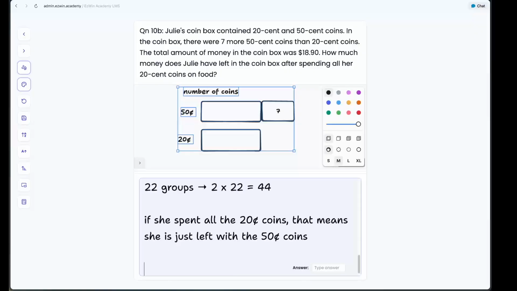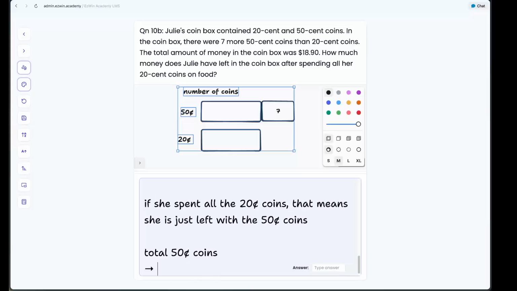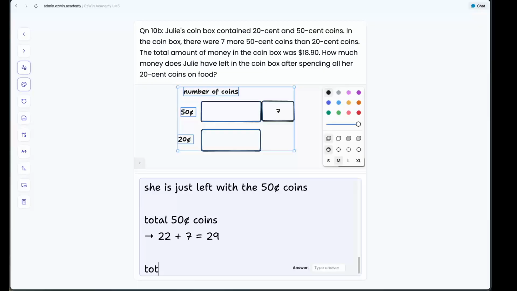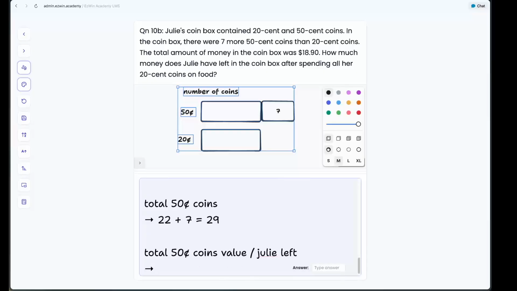So the total 50-cent coins will be equal to 22 plus 7, which is equal to 29. So the total 50-cent coins value Julie has left is basically 29 times 0.5, and this will give us $14.50. There you go. So that's the answer.